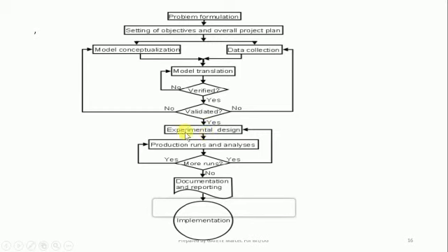So after designing, you are going to run your system and then analyze it. To run it means that you are finished with the design, so you run the system to see if it is working properly, and then analyze. Analyze what? Analyze how it is working.